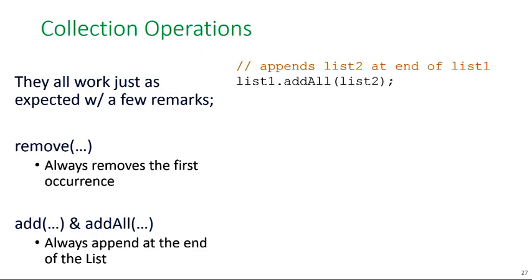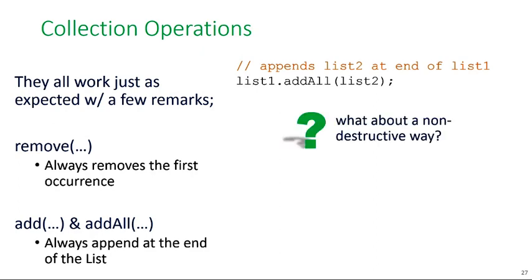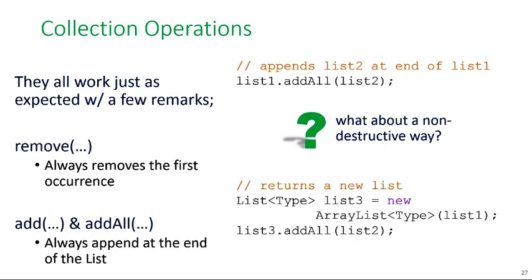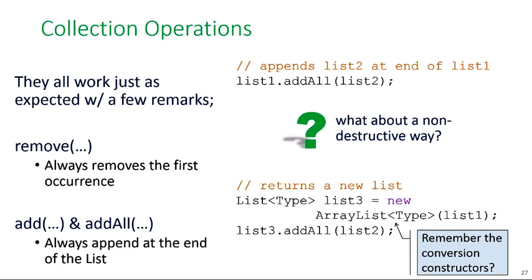The only thing with this example is that it's destructive, meaning that it modifies list1. We can do that also without modifying list1. We just need to use our constructor to make a copy of list1. So there we go. List3 is going to be built as a copy of list1. So we use the conversion by constructor, and then we add at the end of list3, and we are okay.